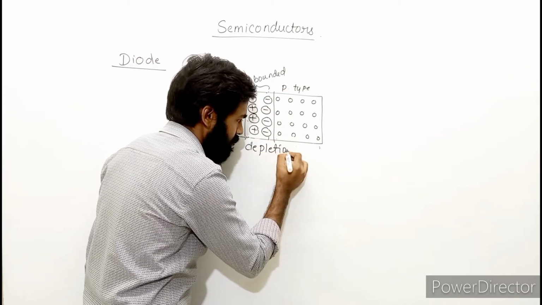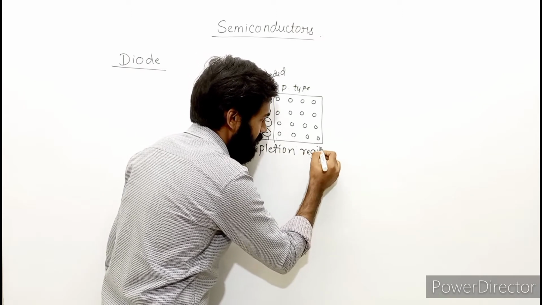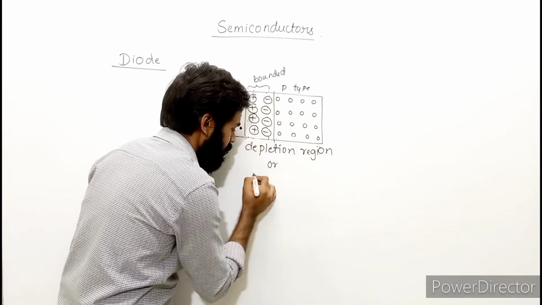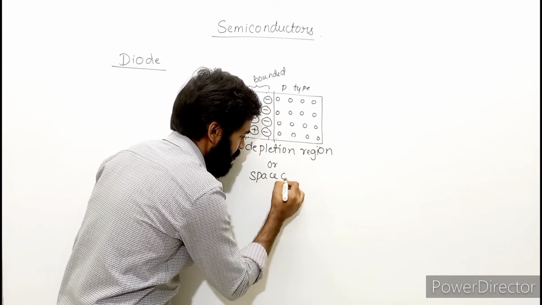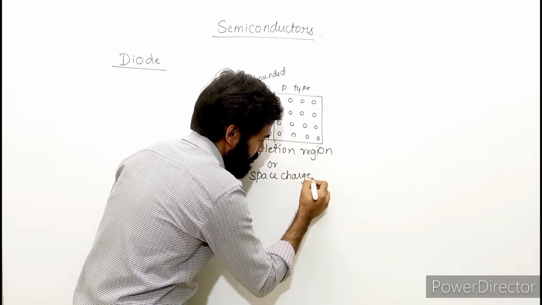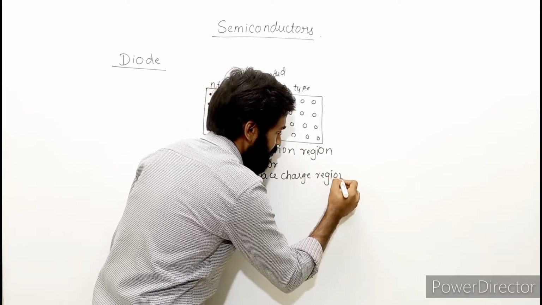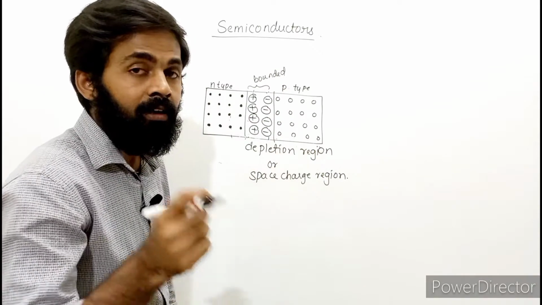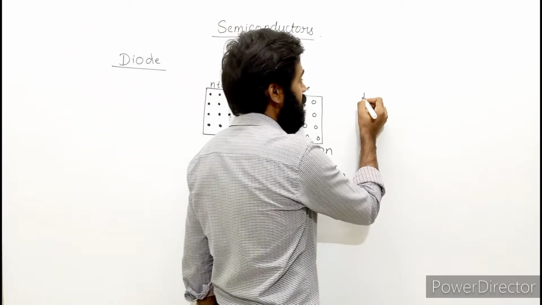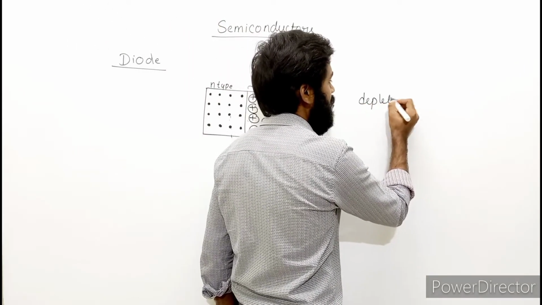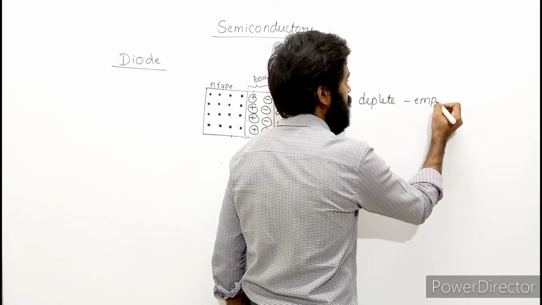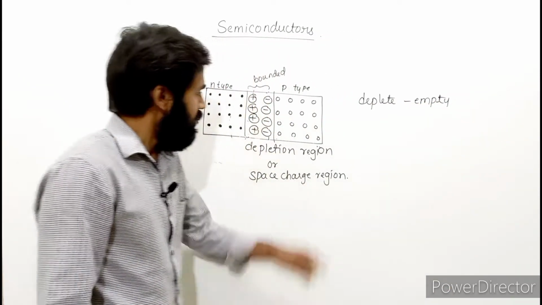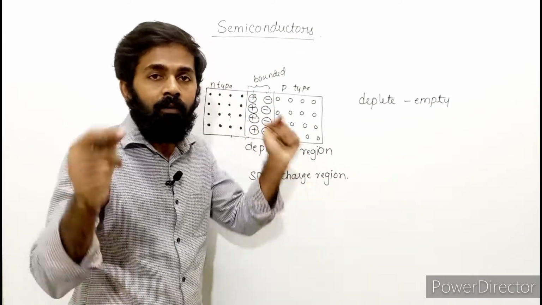Whatever the region is formed here, we call this region as depletion region, or space charge region. We call this as depletion region because the word deplete means empty. So this region is emptied.